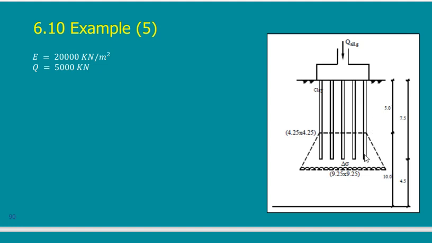So the method depends on saying that from this point, take an inclined line that has an angle of 4 to 1. 4 vertically and 1 horizontal.